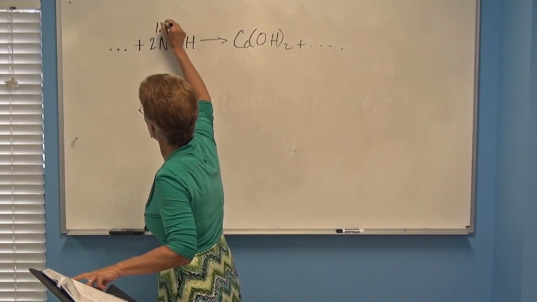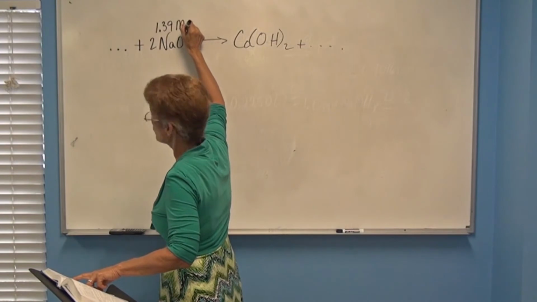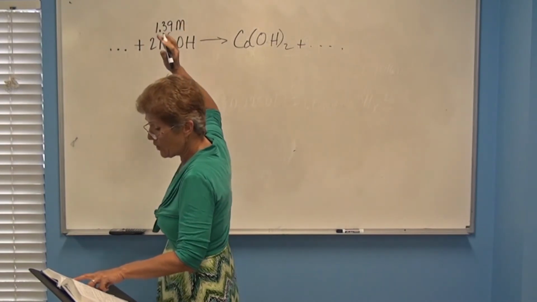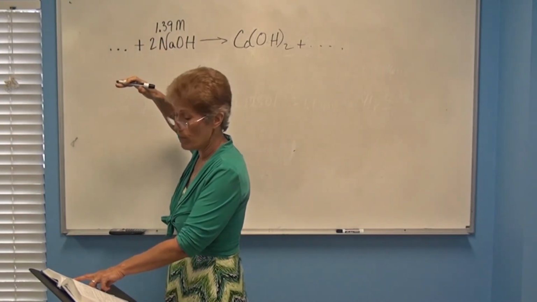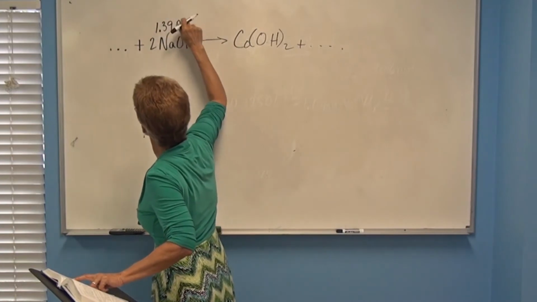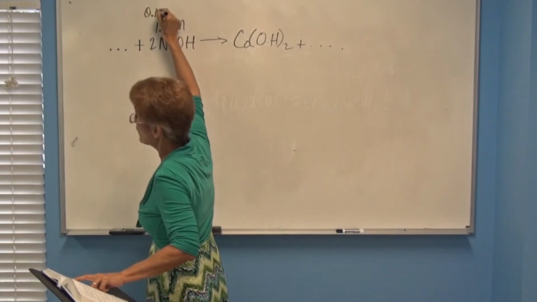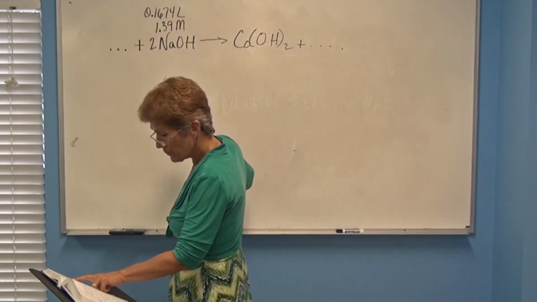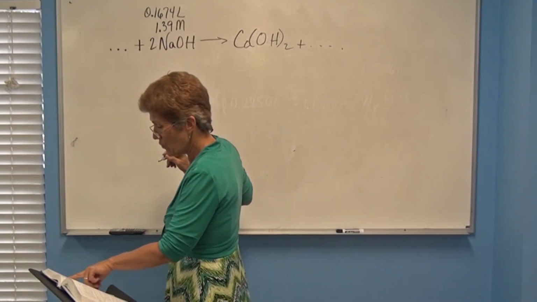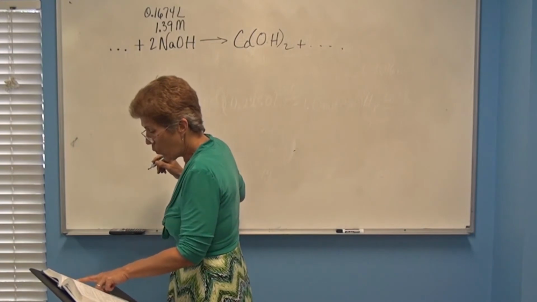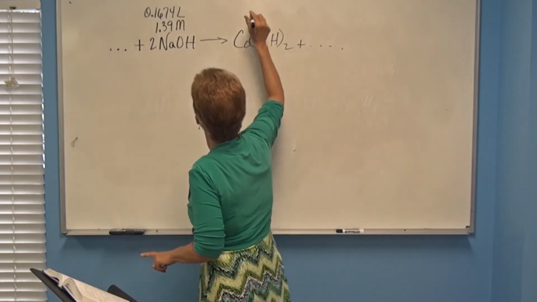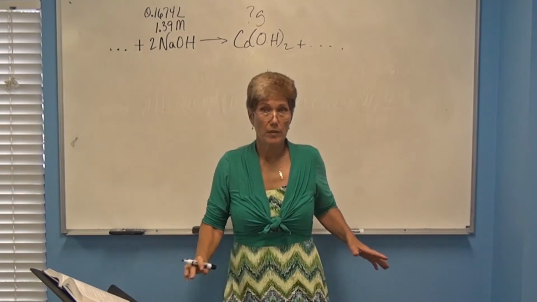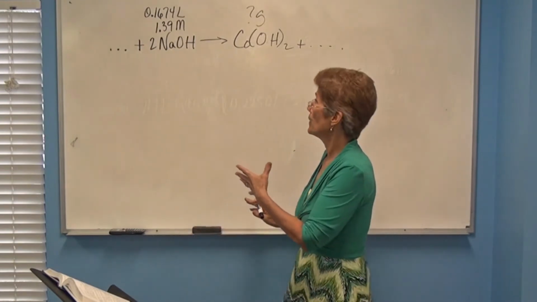So we have a 1.39 molar solution, and I'm going to convert the 167.4 mL into liters, because molarity is in liters. So 0.1674 liters. Good, right number of significant figures, just checking. And we want to know how many grams of this is formed. Everybody sees how you put it in.